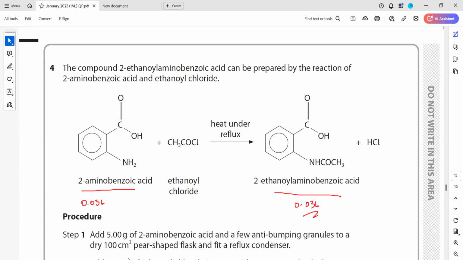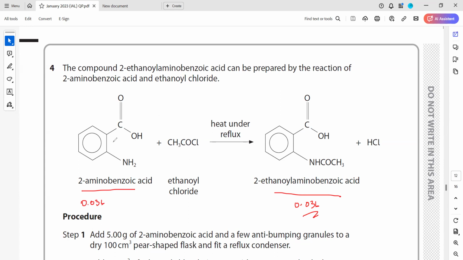And then these moles of product are multiplied by the molar mass to get the mass in gram, and that will be the theoretical value. How to work out the molar mass? That is the question. There are two different ways you can work out the molar mass.